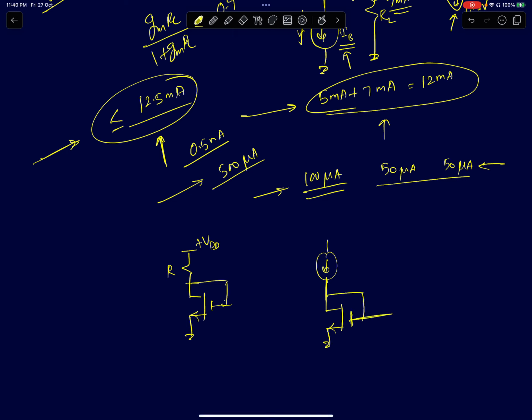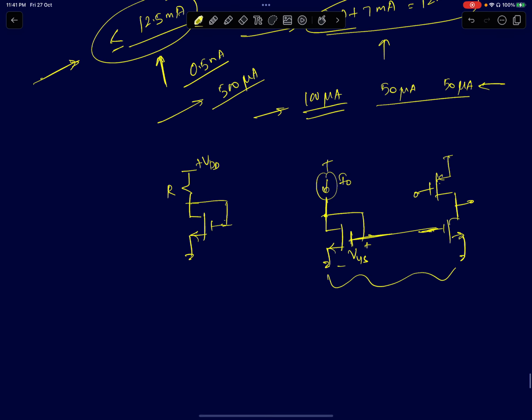You have a known current flowing through a diode connected device, which sets the VGS necessary. I can use this as a VGS for biasing a current source. This current source can serve as a current source load for a common source amplifier, where I've shown an NMOS version. You can also assume a PMOS version.